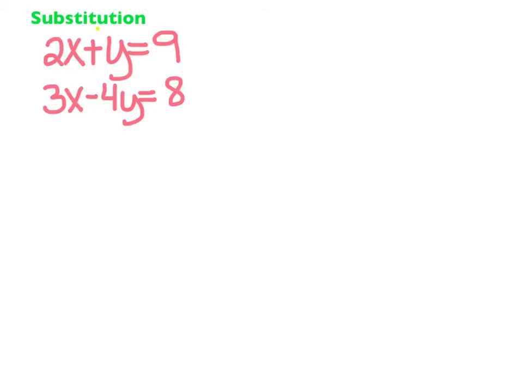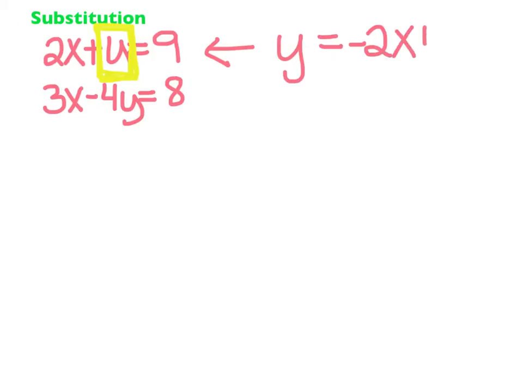In this case, I'm going to pick this y because it's the easiest one to isolate. You can isolate whatever you want. Go with what's easiest. So if I rework that, I'm going to have y = -2x + 9, because I subtract 2x to the other side. Then you take that and substitute it in. You take this y and substitute it in here for this y.